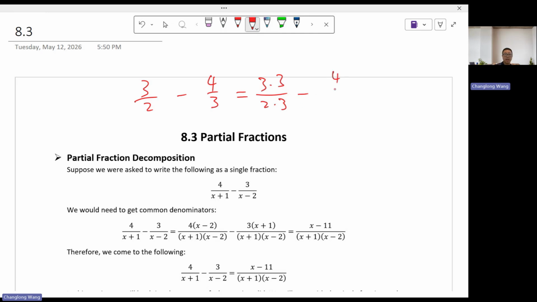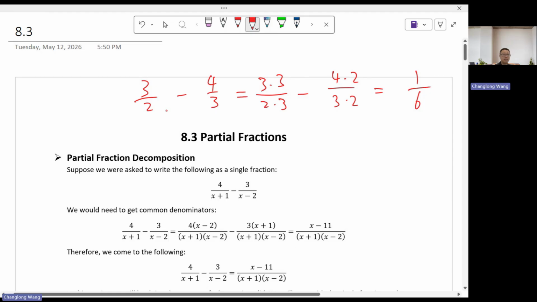You can rewrite the second fraction the same way, multiplying both numerator and denominator by the other denominator, to get both fractions over the same denominator, and you can go ahead and subtract the numerators. So that will be 9 minus 8, so 1/6.